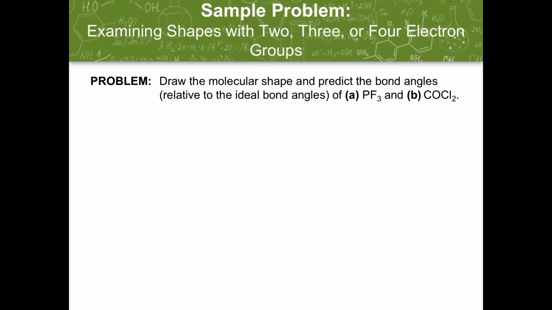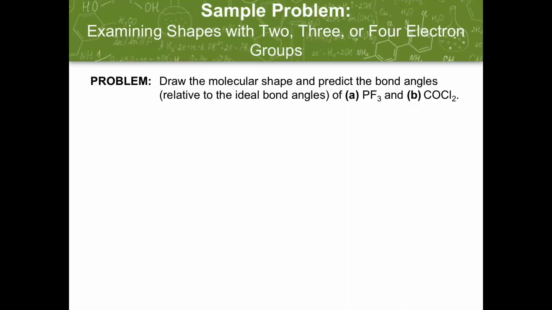Now let's work on some examples. So we have to draw the molecular shape and predict the bond angles of the following compounds, PF3 and COCl2. So for the first compound, PF3, again based on our steps in determining the molecular shape, we have to write the Lewis structure from the formula.